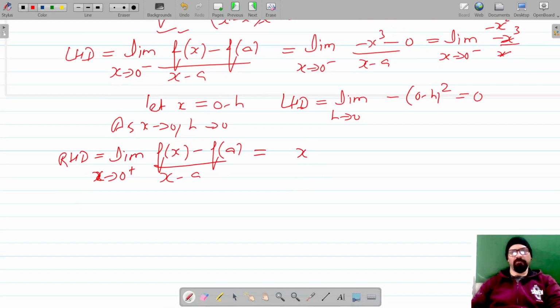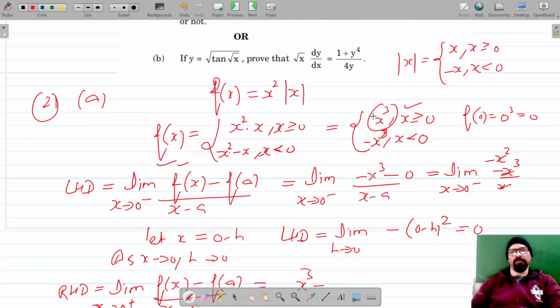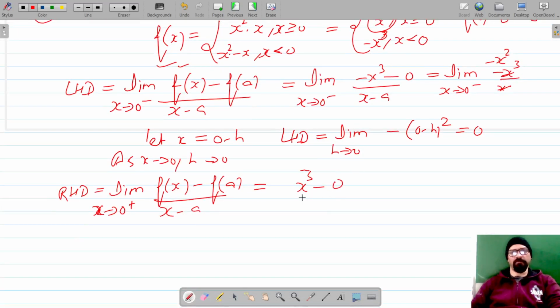So this is x cube, minus f of a, where a is 0, and at 0 the value of the function is x cube, so 0 cube, which is 0, upon x minus 0. This gives me limit x tends to 0 plus, x cube upon x, which is x squared.